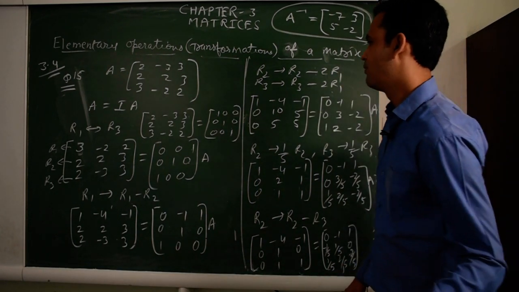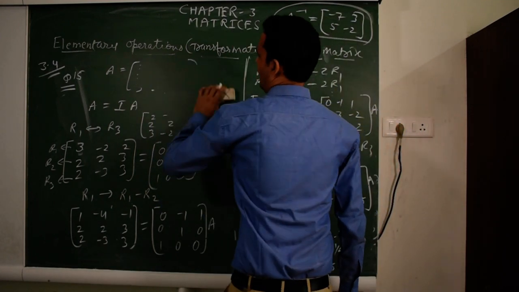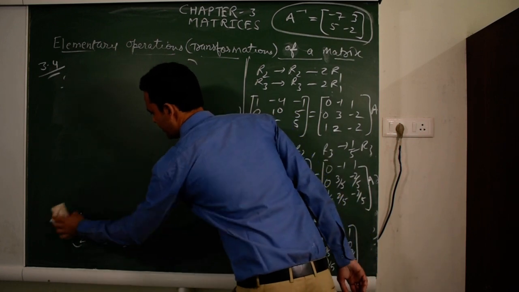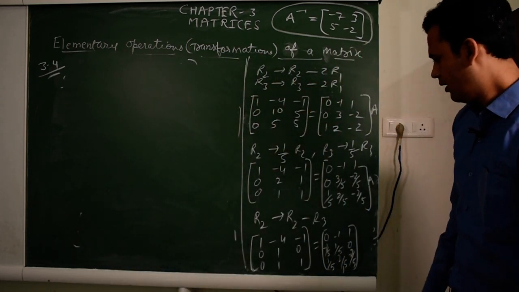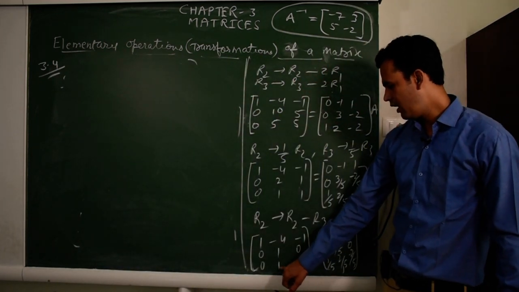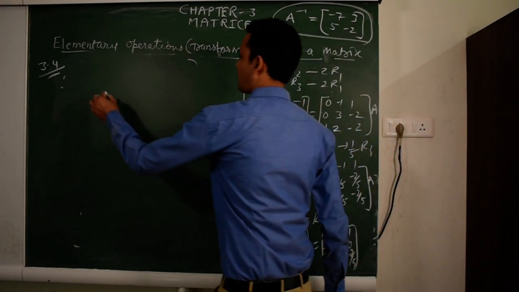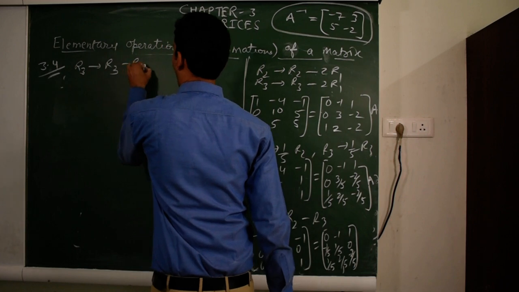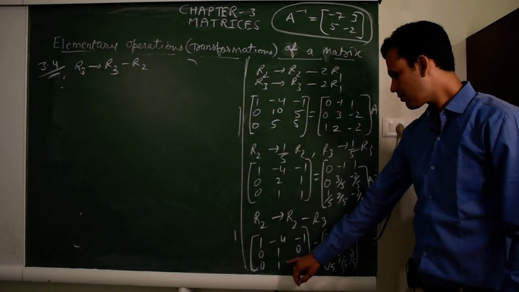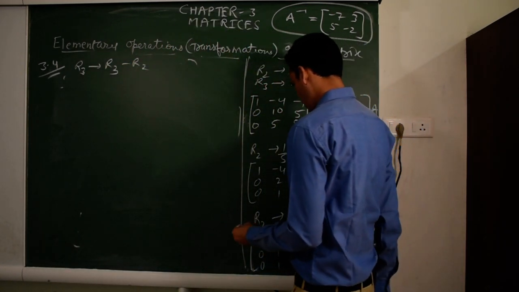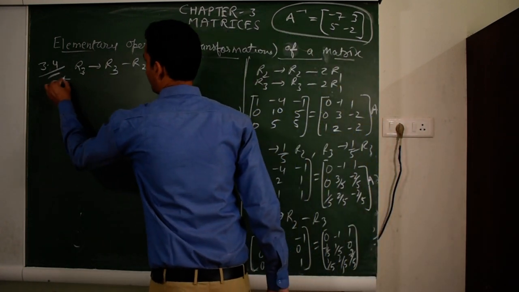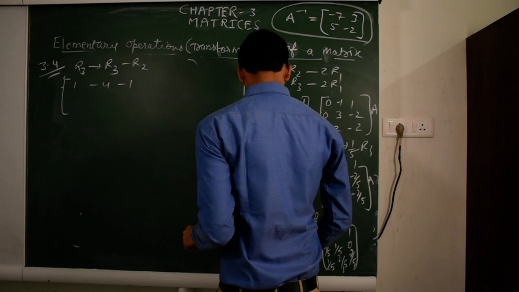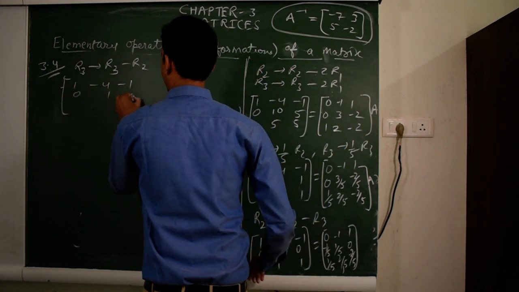Okay, so next change is this R3, change in R3. Change in R3, R3 minus R2. So no change in R1 and no change in R2.